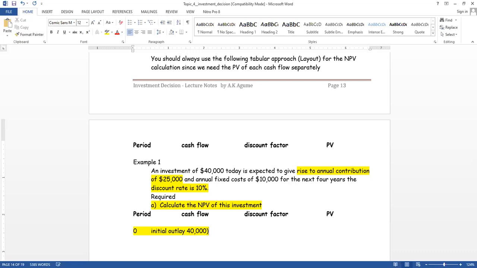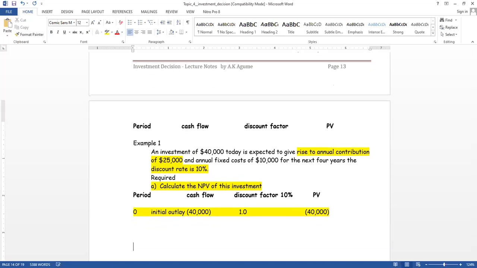And of course it is in bracket because it is a cash outflow. And the discount factor at 10%, we say that the discount factor for period 0 is 1. So meaning that the PV for this case is going to be 40,000.